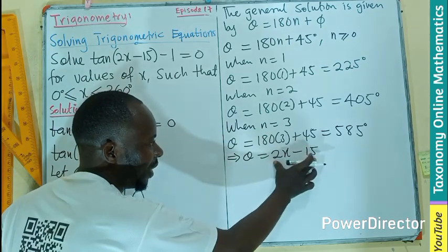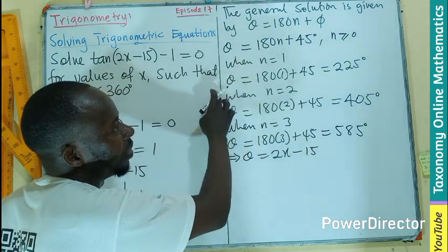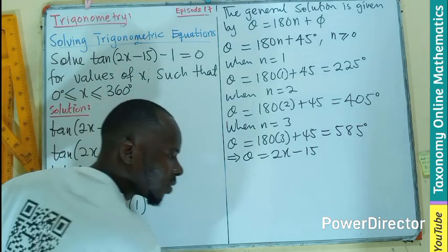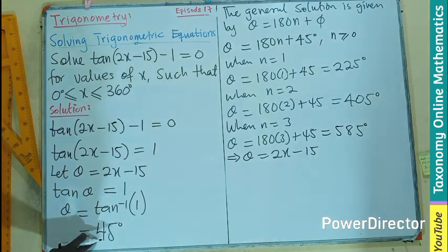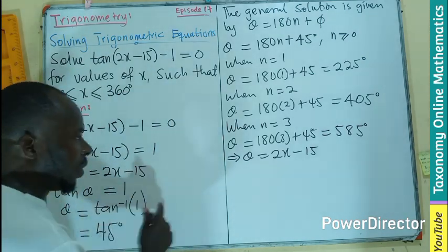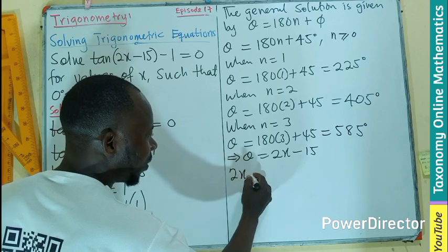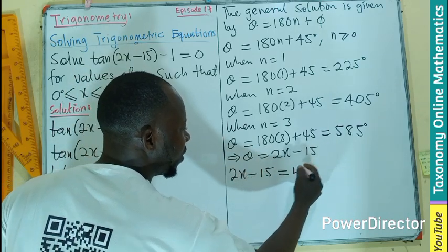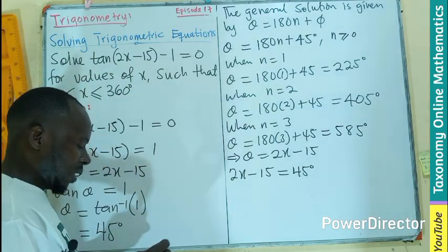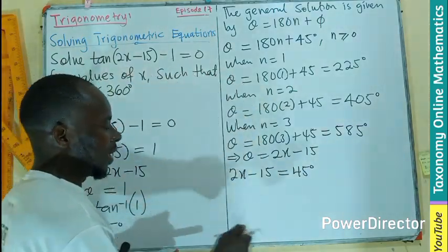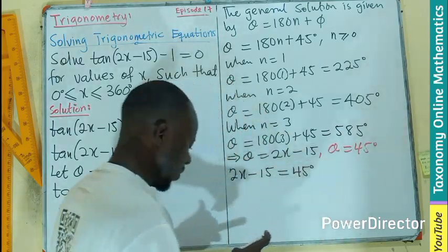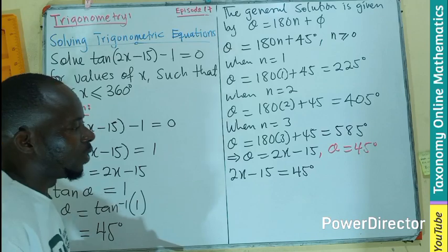So if I pick this 2x, I'm picking the first angle. The first one is already 45. So let's pick the 45 and see what that value will give us. From here, we are saying that 2x minus 15 equals 45 degrees.